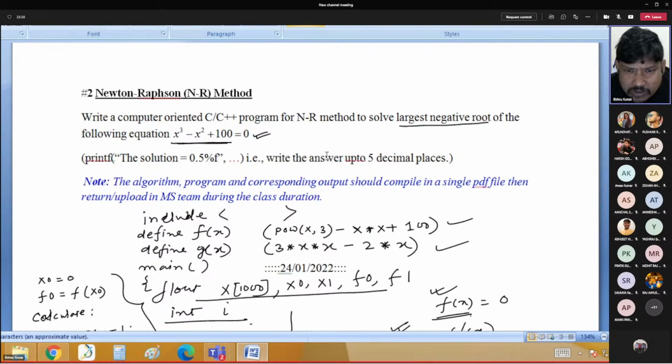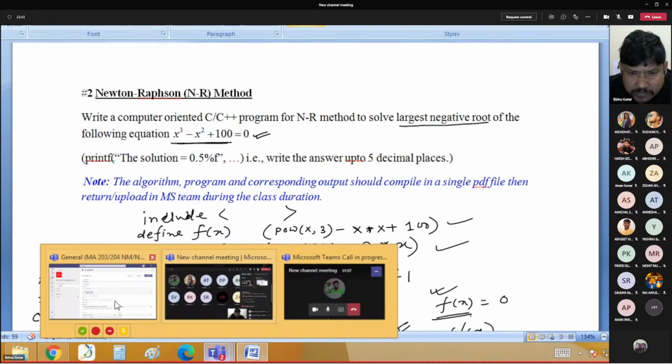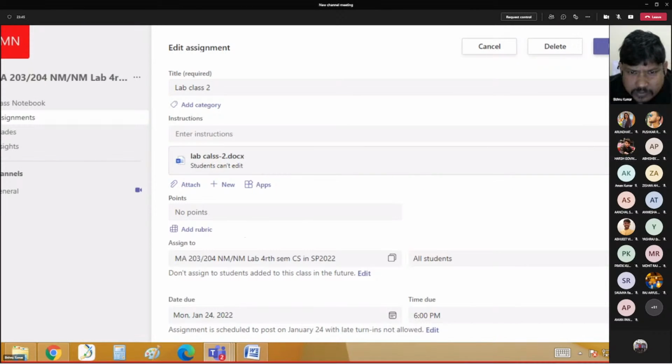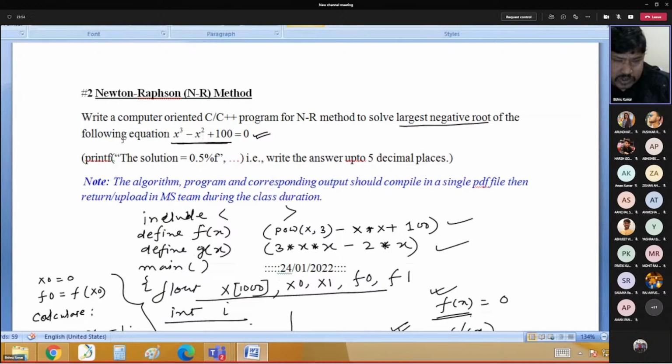See this question and try to implement. Okay. Is it visible? Yes, sir. The actual question will be visible to you in your MS Teams at 4 p.m. Okay. But before that, you just try to see this and try to implement this.